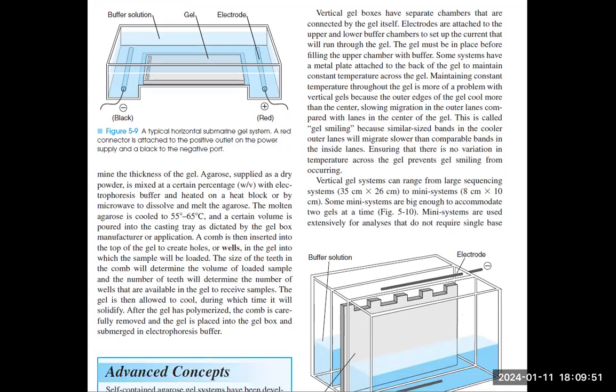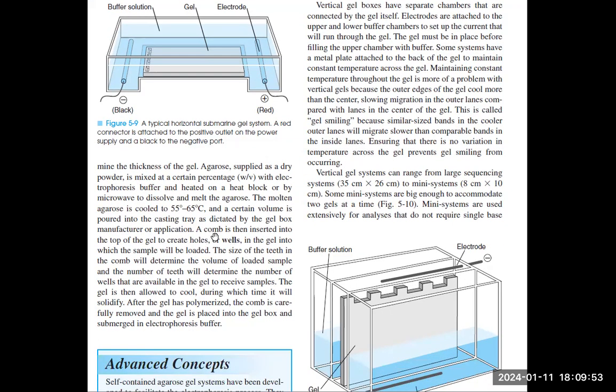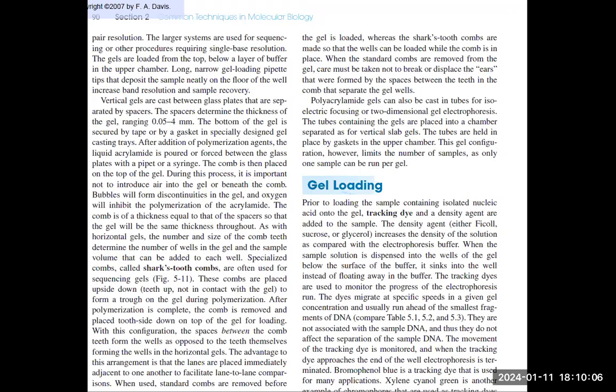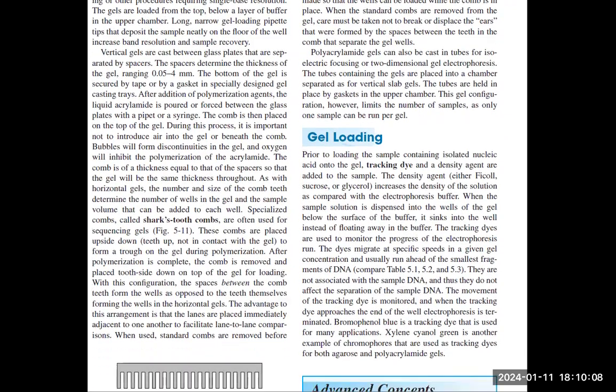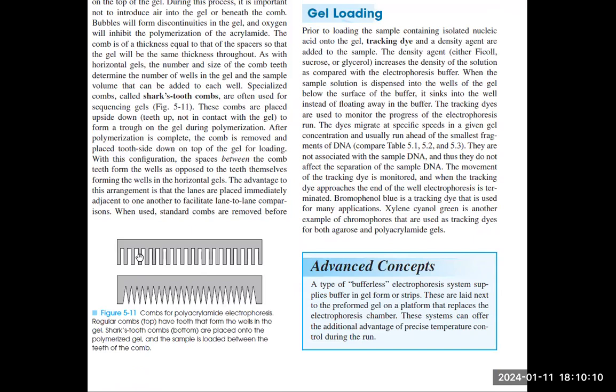we will not stop with pouring it on our casting tray because we need to place the comb. The comb is inserted into the top of the gel so that we can create holes. Mine looks like this, these combs are for our PAGE. This one is similar, for our agarose gel.